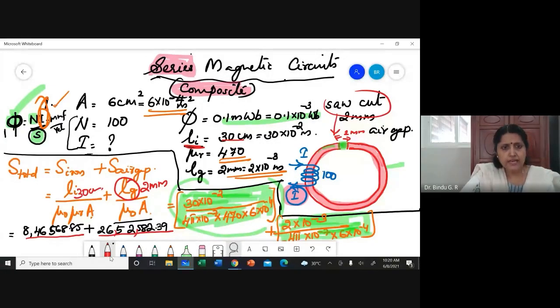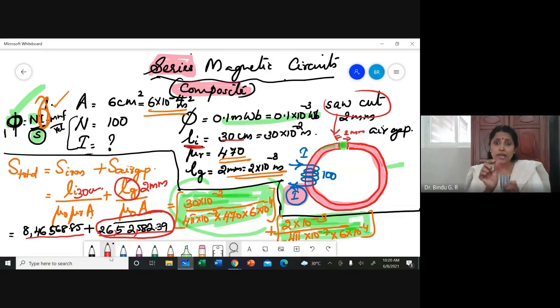Yet, the reluctance offered by this small length of air gap is extremely high because you don't have a mu r in the denominator. Whereas the iron path is giving comparatively very low reluctance, easily providing a path for the flux. That is the point that I want to make here.